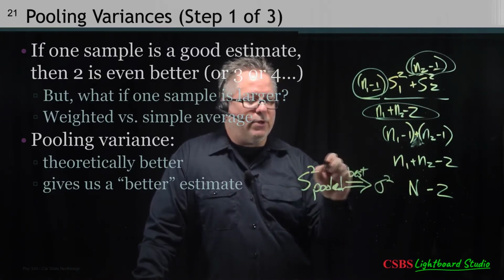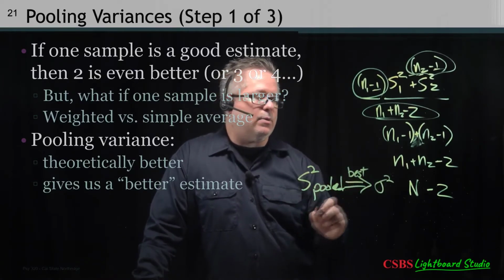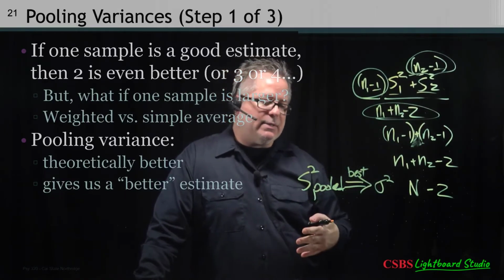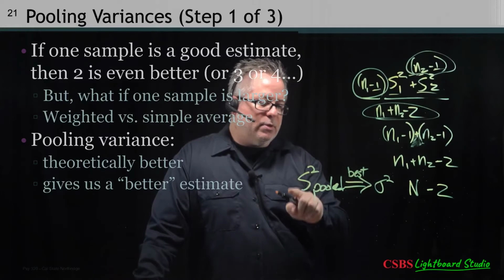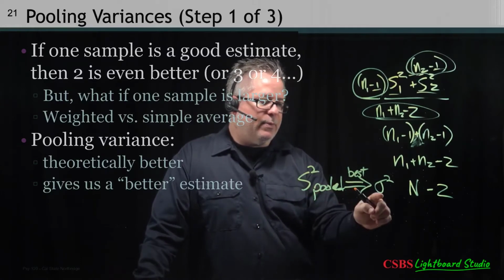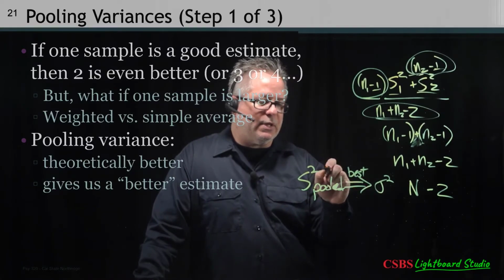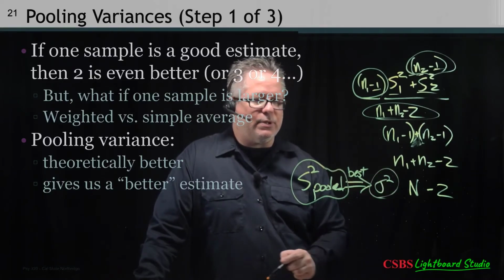By pooling our sample variances and weighting them by size, I get this pooled estimate, our best estimate of the population variance. Then we can use this as a replacement for this in our equations.